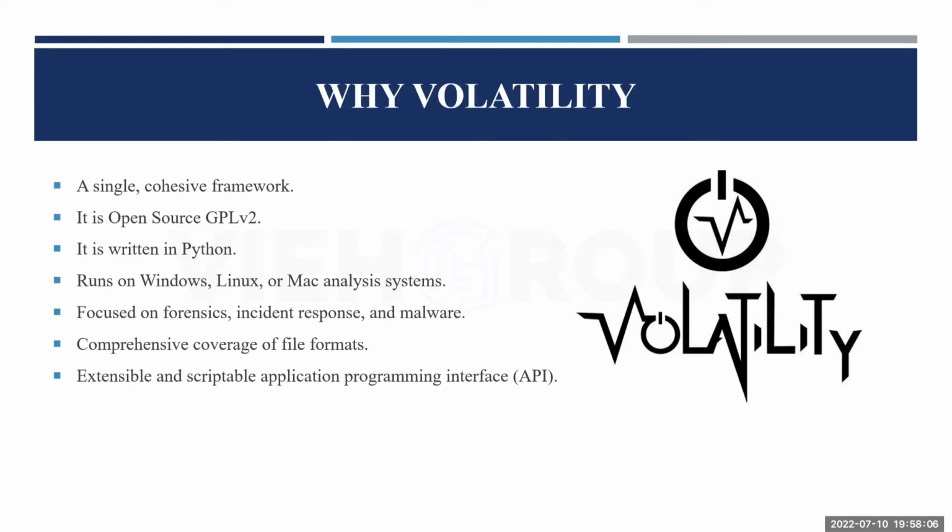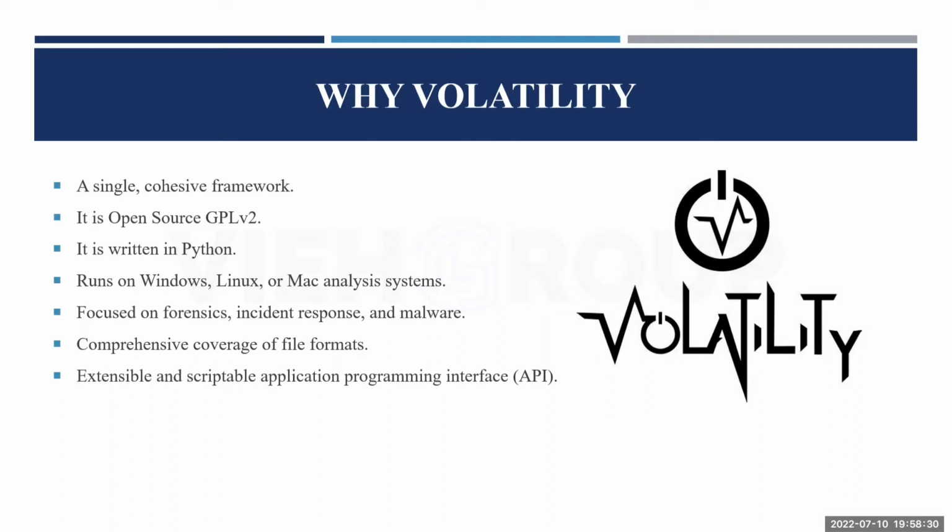Why Volatility? One of the main features of Volatility is that it is a single cohesive framework, which means it analyzes memory even in a 32-bit or 64-bit system, in Windows, Linux, and Mac systems, and even from 32-bit Android.